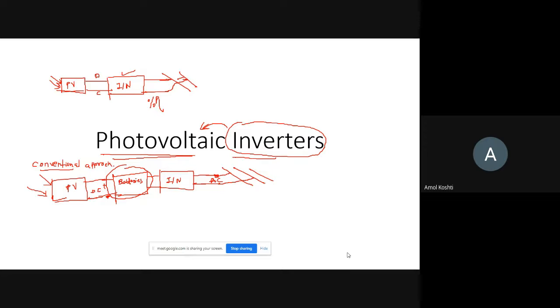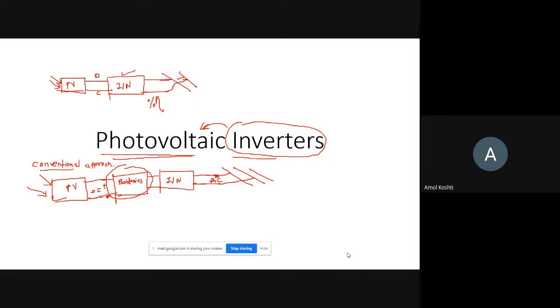Most of the time, if you are searching research papers for your project, you might have read the term transformer-less inverters. The transformer-less inverter is nothing but the photovoltaic inverter.